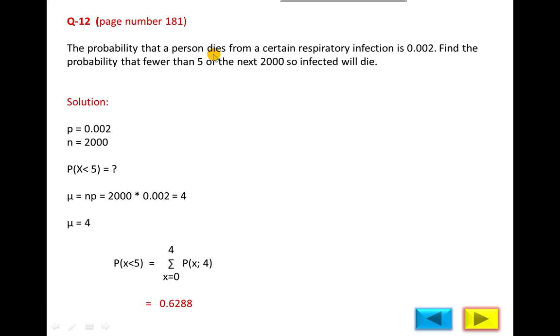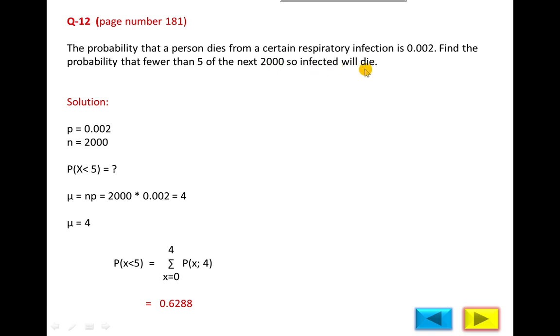The probability that a person dies, you know that the patient or person may die or survive from a certain respiratory infection, is 0.002. P is very small, less than 0.05. Find the probability that fewer than, meaning less than, 5 of the next 2000 infected will die. n is very large, 2000.